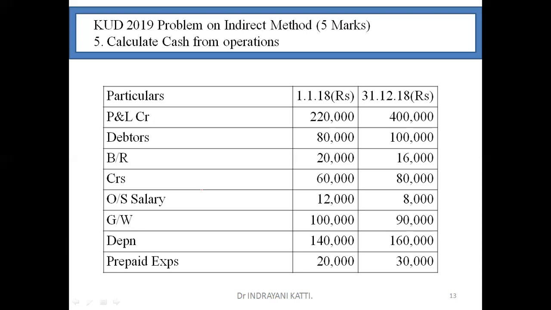Directly, they will give you cash received from the debtors, cash paid to the creditors, etc. Such information on expenses and incomes is directly given to you, wherein we follow the direct method to calculate the cash from operations. But if what is given to you are the current assets, current liabilities, the non-cash item information, goodwill, depreciation, etc., then we need to go for the indirect method only.